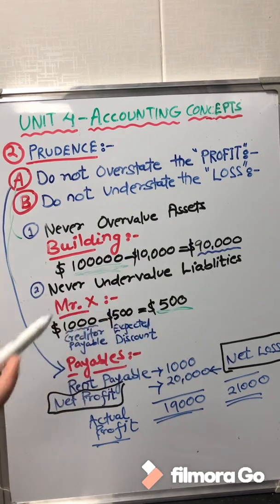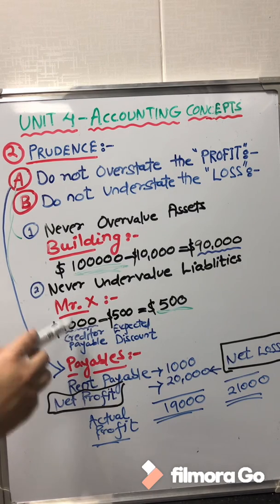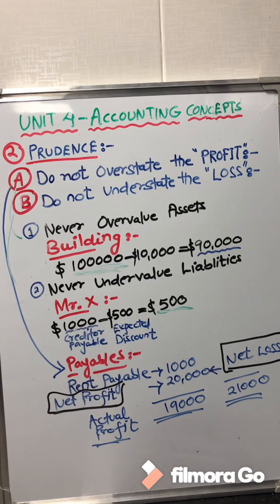We have to mention in the books as 1000 because it is not yet clear that Mr. X is going to allow us that discount. This is still an expected discount, not yet the discount allowed. If he is going to allow us, and if there is any documentation for this, then we can write it as 500. So I hope these two things, what the prudence concept is giving to us, are clear.